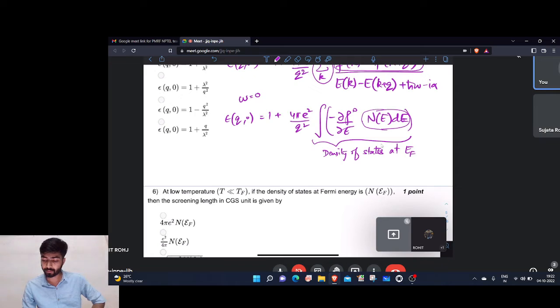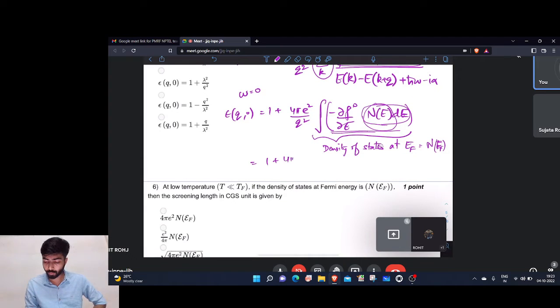So the integral of this product survives only at E equal to EF, which gives us the density of states at EF, which I can call N of EF. So 1 plus 4 pi e square divided by q square, density of states at the Fermi level.